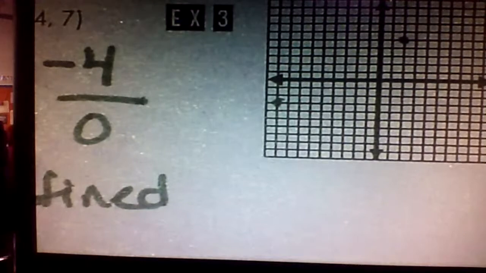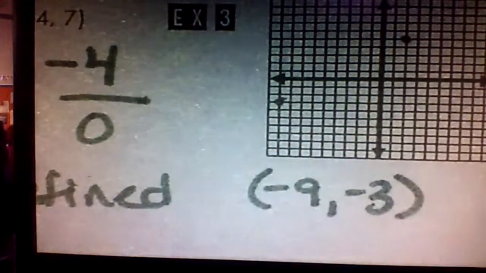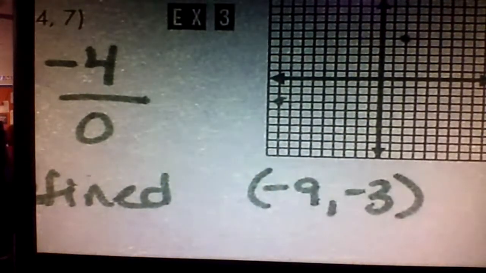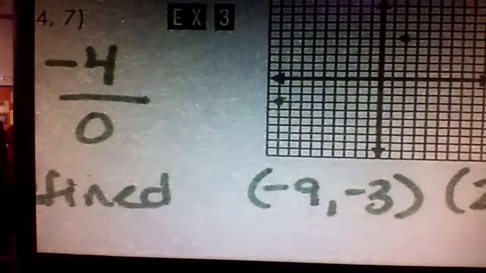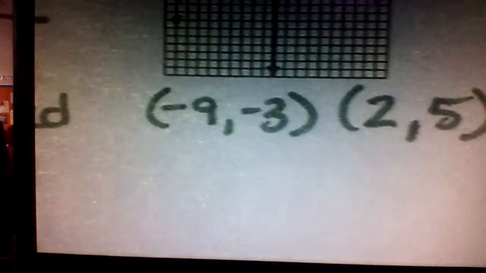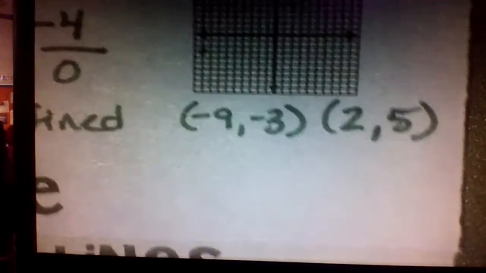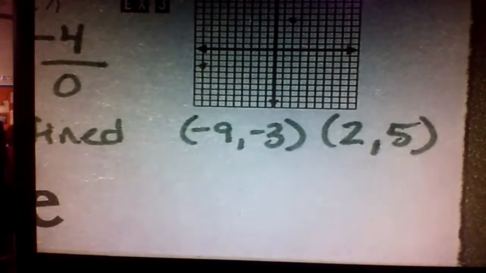Negative 9, comma negative 3. And the other one is 2, comma 1, 2, 3, 4, 5. 2, comma 5. Okay. So here's your points that you're supposed to be able to see on that teeny tiny graph.